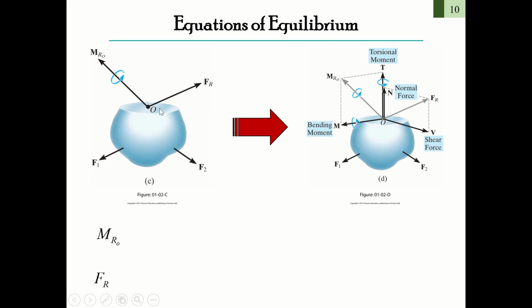So we could separate it into the horizontal direction and the vertical direction of this surface. The vertical direction of this surface is also called the normal direction of this surface. The horizontal direction of this surface, we could say FR.